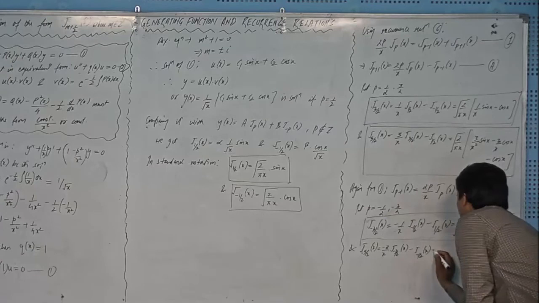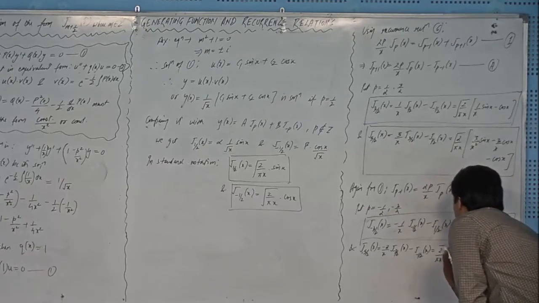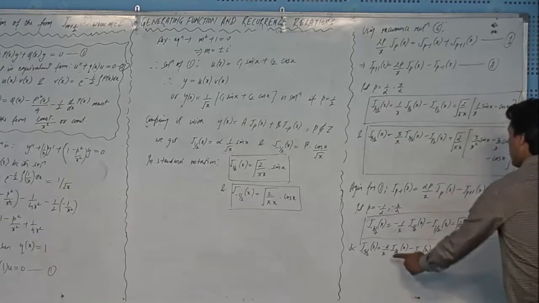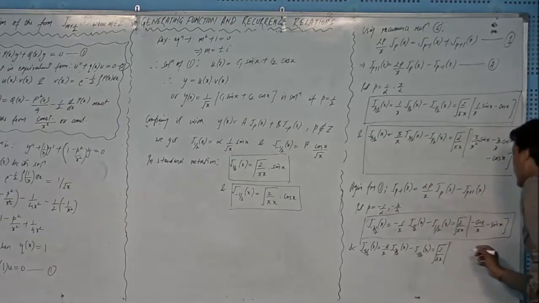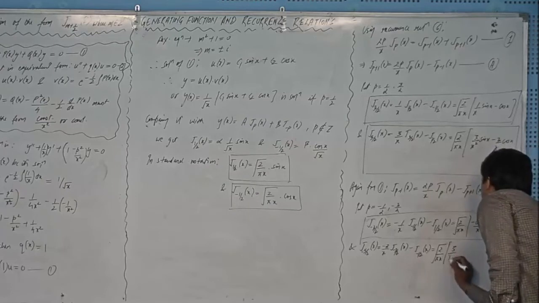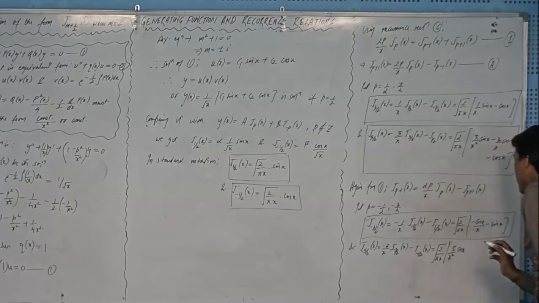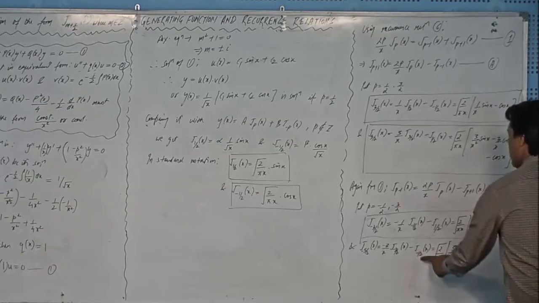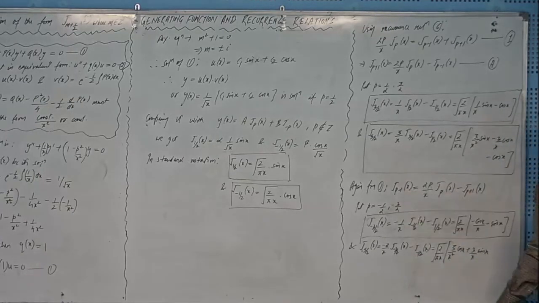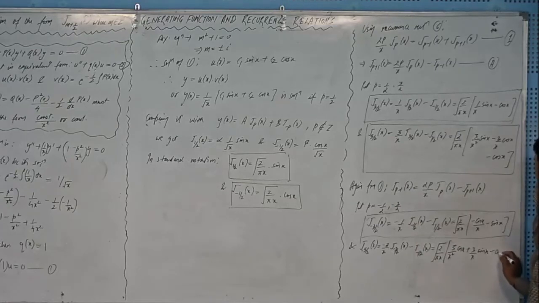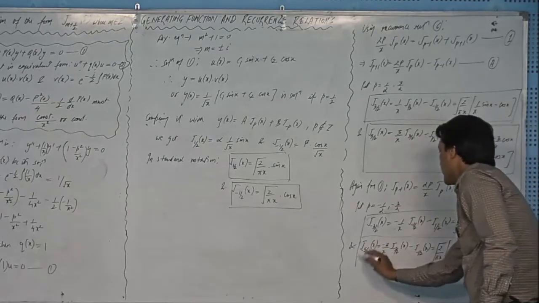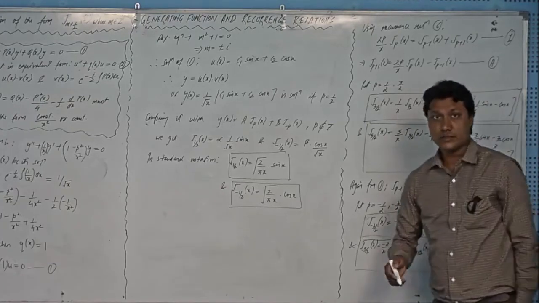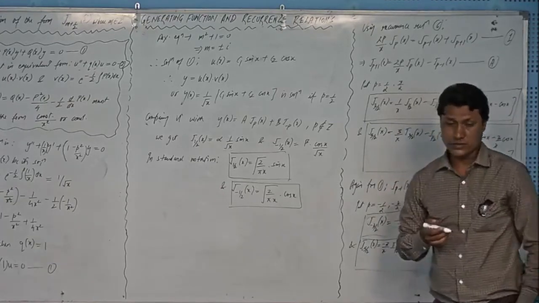So what I will do, I will write this root of 2 by pi x outside, and inside the bracket this minus 3 by x will be multiplied with this thing, so that you will get 3 by x square cos x and plus 3 by x sin x, and the value of J minus half from there is minus cos x. So this is J minus 5/2, and so on, right? You can continue this process infinitely.